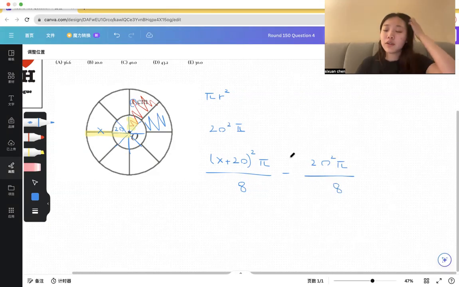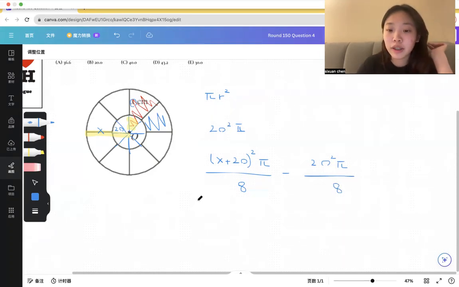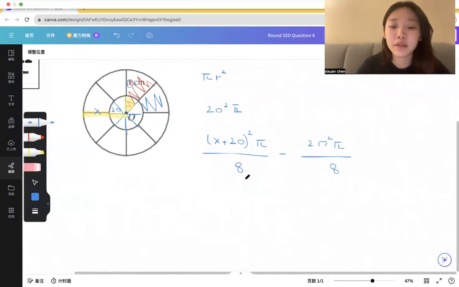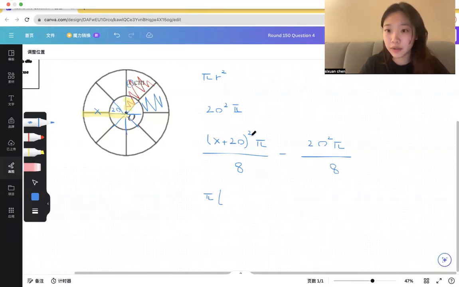Okay, so we can simplify this whole thing by first extracting the pi and expanding this piece of the equation. So we first extract pi right here, and we expand this. This is a simple (a plus b) squared equation. So (a plus b) squared will be equal to a squared plus 2ab plus b squared.